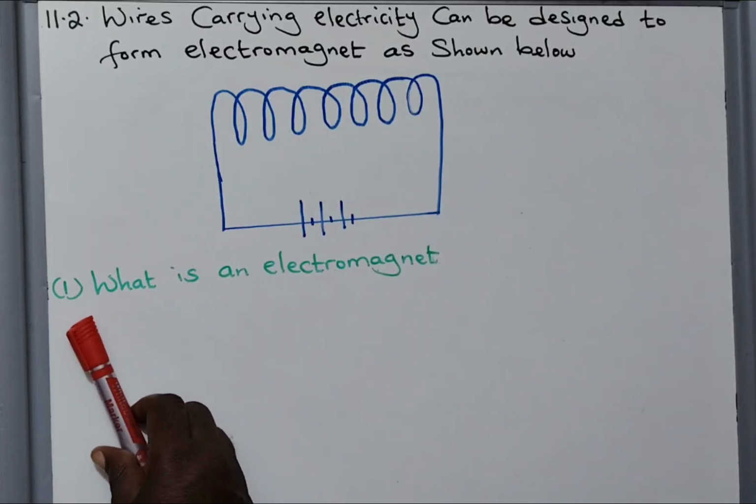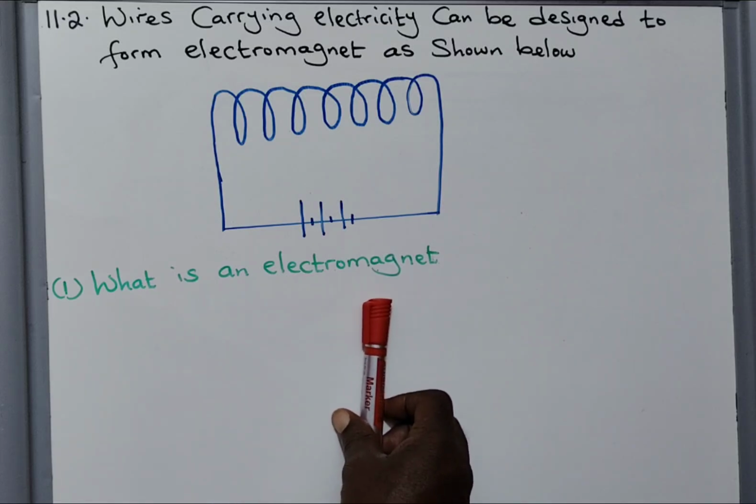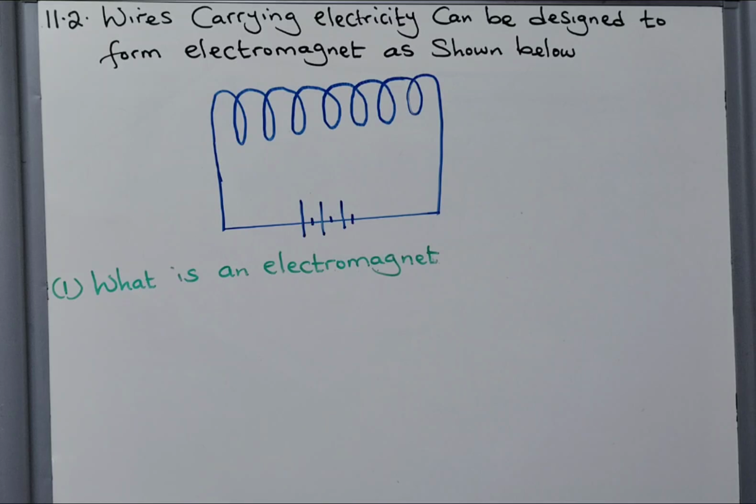The question says, what is an electromagnet? An electromagnet is a type of magnet produced by flowing electric current. So the magnetic field which is created by the flowing electric current is what forms the magnet.